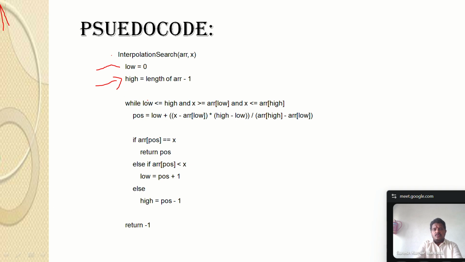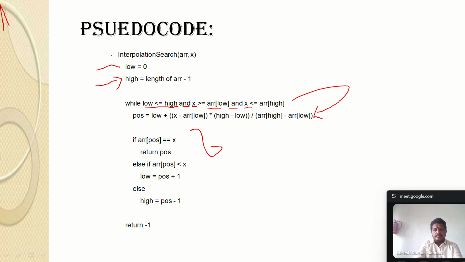We initialize a while loop with the condition: low is less than or equal to high, and the target variable x is greater than or equal to the array of low, and the target value is less than the array of the last index value. Only then do we calculate the position, as we saw in the previous example.